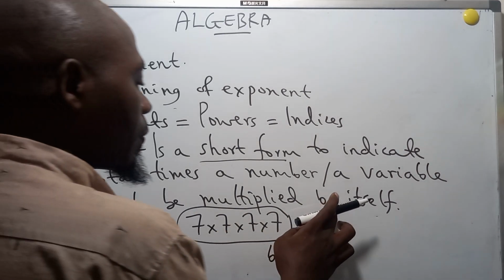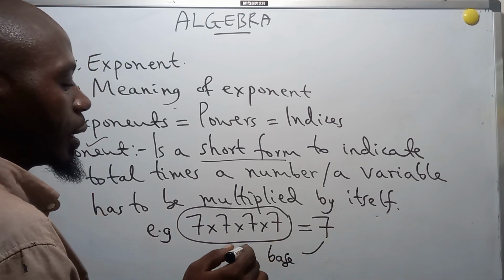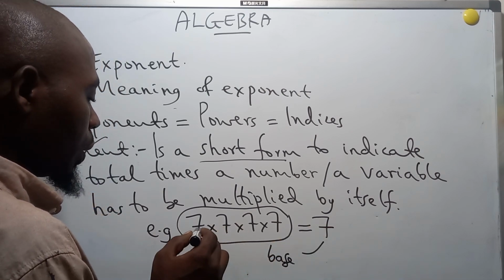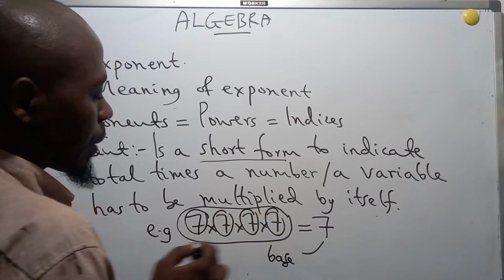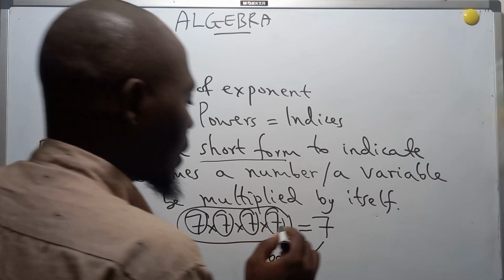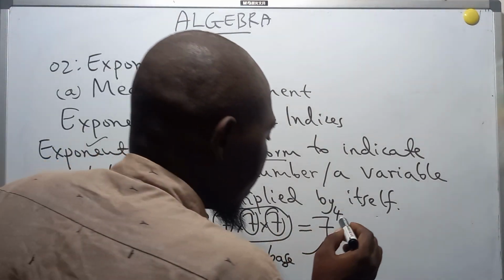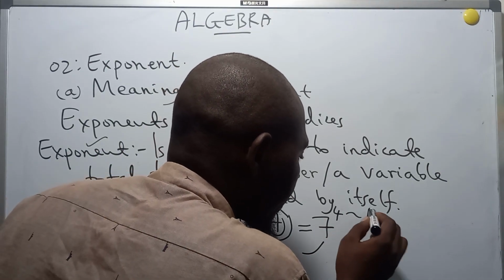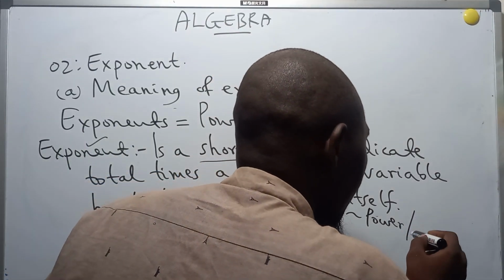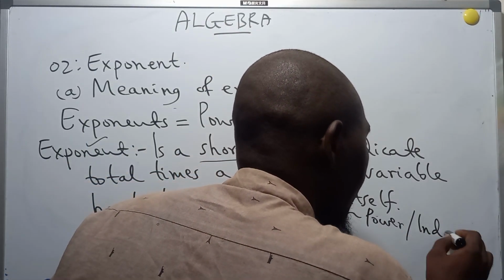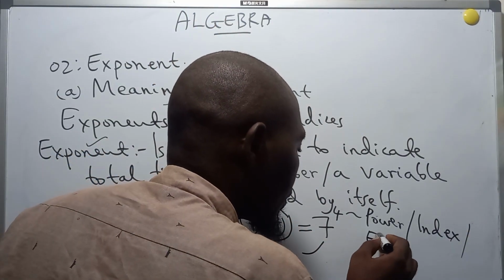And at the top of 7, I write how many times 7 is multiplied by itself, which is 1, 2, 3, 4. And this 4 which I write here is a power, also known as index, also known as exponent.